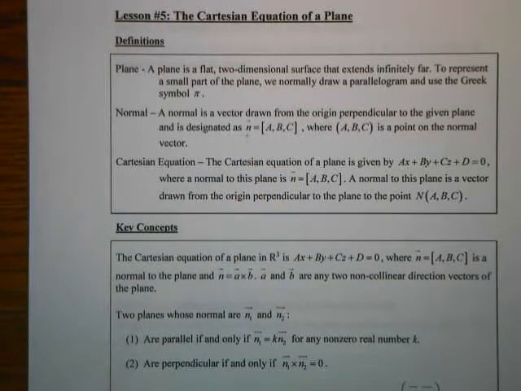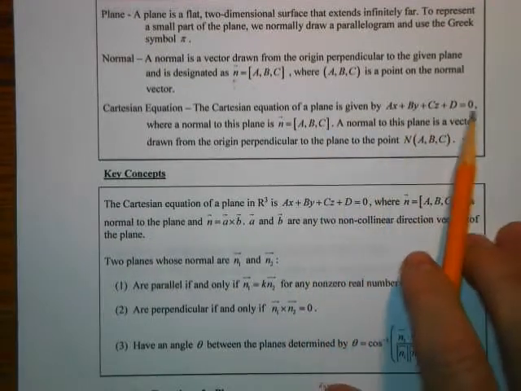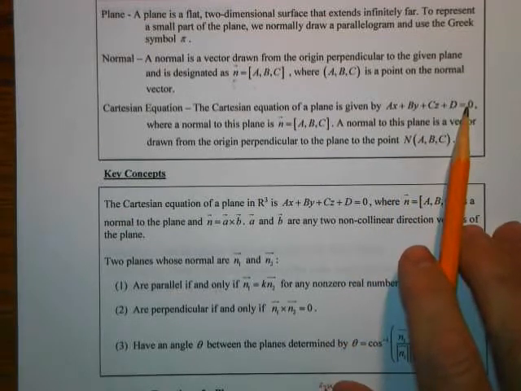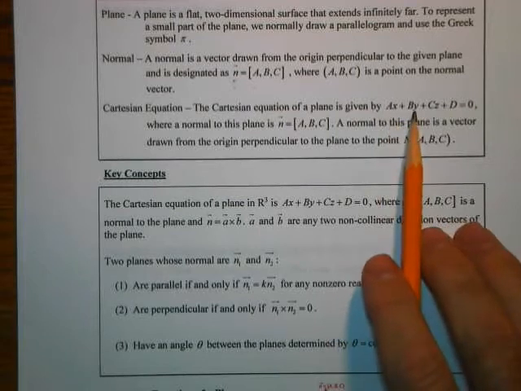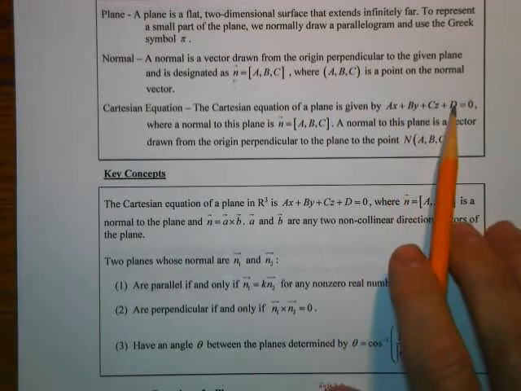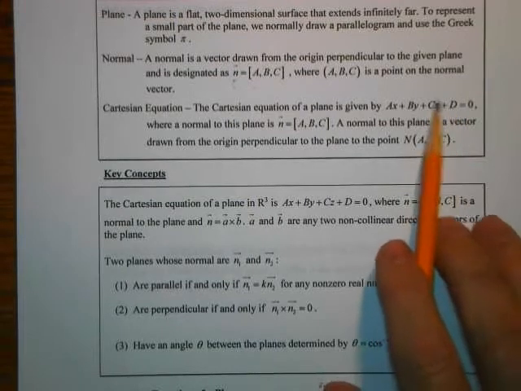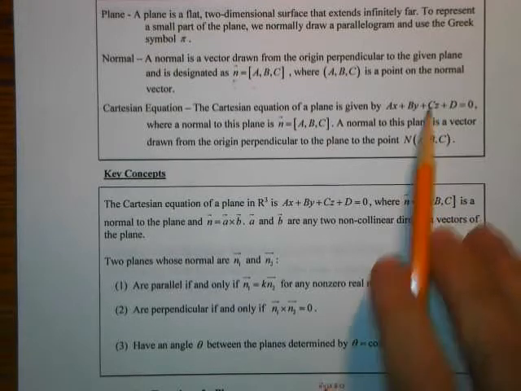Now, the Cartesian equation of a plane is given by this equation: ax plus by plus cz plus d equals 0. If you remember the equation of the plane in R2, it had the same first two components, ax plus by, but then it was just plus c. We're kind of renaming c to d here because we've added this third multiple of z as the extra component because we're now talking about R3.